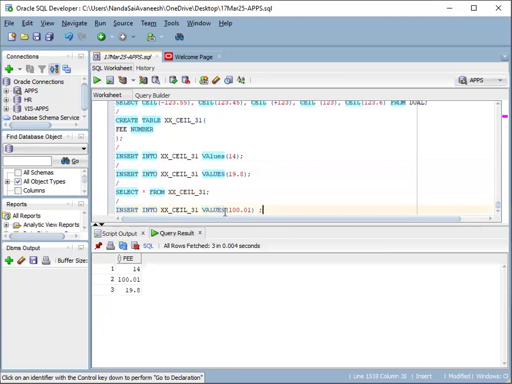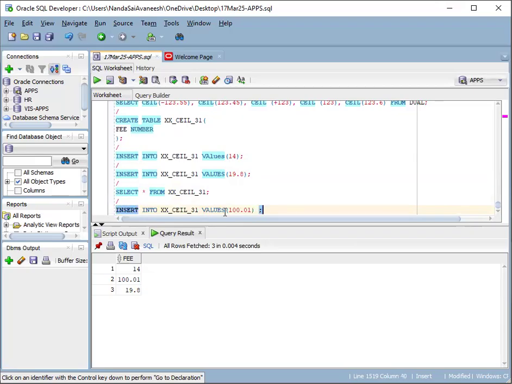Spelling mistake. Okay. So now we have three records in this table. One is 14, another is 100.01, and the third one is 19.8. So we are inserting values into this table.